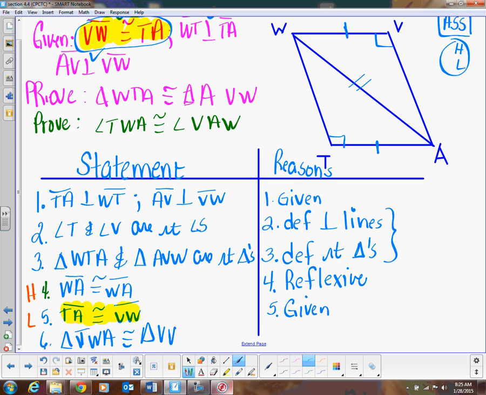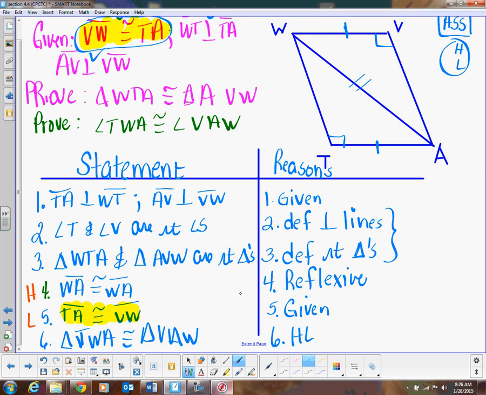V, A, W. And what's the reason? HL. Excellent. All right. So now we're going to go. Do you have a pencil or pen? All right. So now, this is our new step. This is our new step.